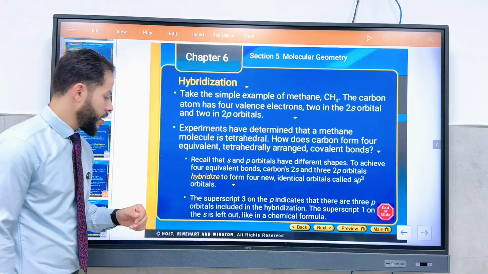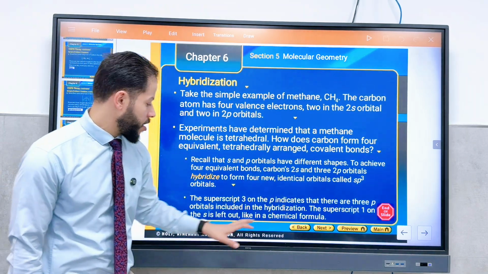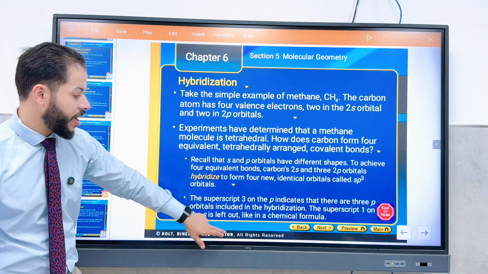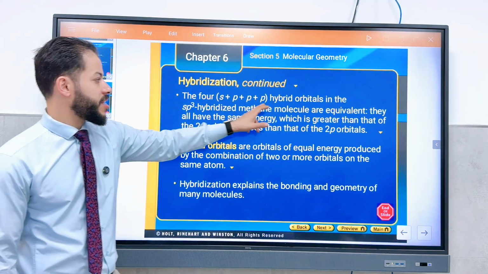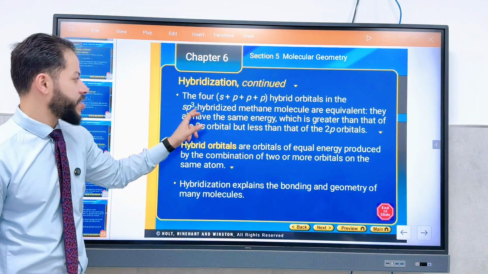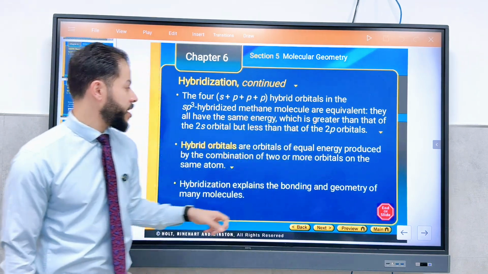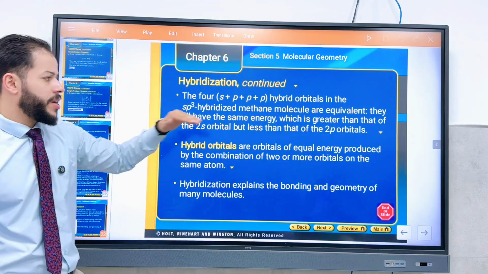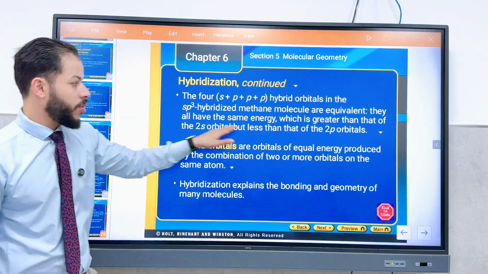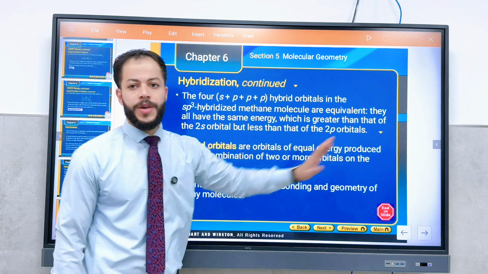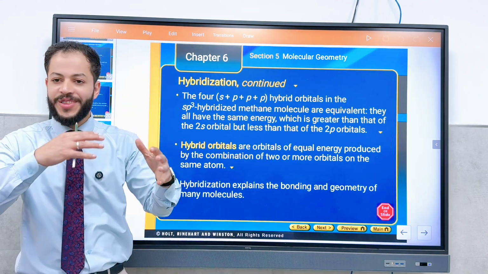Yes, Hazim. The subscripted 3, and then the s is left out, like in a chemical formula. Here, the 4 sp3 hybrid orbitals in the sp3 hybridized methane molecule are equivalent. They all have the same energy, which is greater than that of the 2s and less than that of the 2p orbital. As I said, it's a hybrid, right?